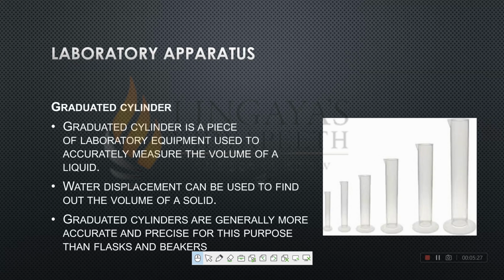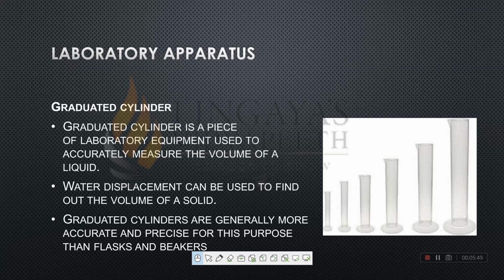Moving on, next you can see on your screen is the graduated cylinder. Graduated cylinders are generally glass cylinders of cylindrical shape with a flat bottom. It is used to accurately measure the volume of a liquid. What does graduated mean?